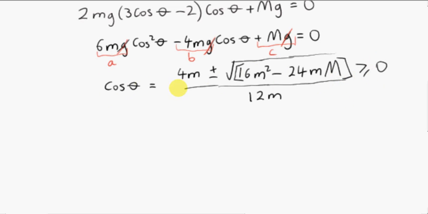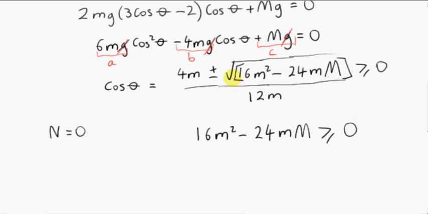So if that's the case, then we can find angle theta when vector N becomes 0. So all we have to do is solve this inequality, 16m squared minus 24 little m big M greater than or equal to 0. See, if this thing is negative, we have the square root of a negative quantity. That's going to be a complex number. So we'll have a complex value for cos of theta, which won't solve our problem.